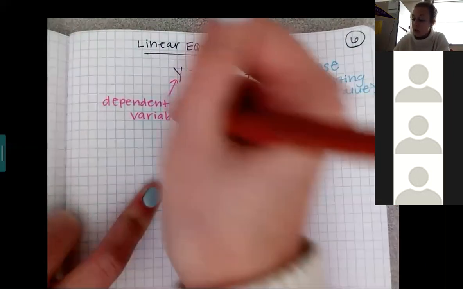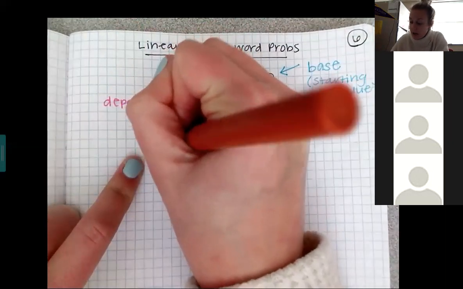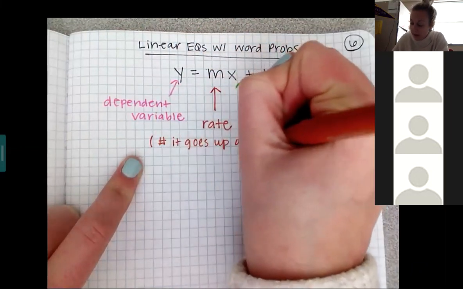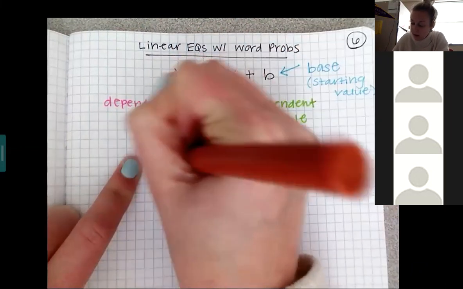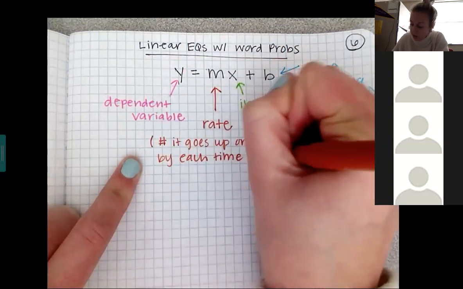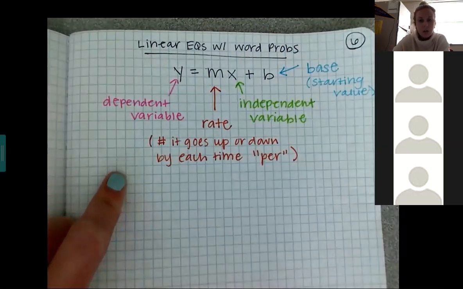That's perfect. So the rate is the number it goes up or down by each time. And a word you'll see a lot of times for rate is the word per. Because that word per means every time it's doing this thing.